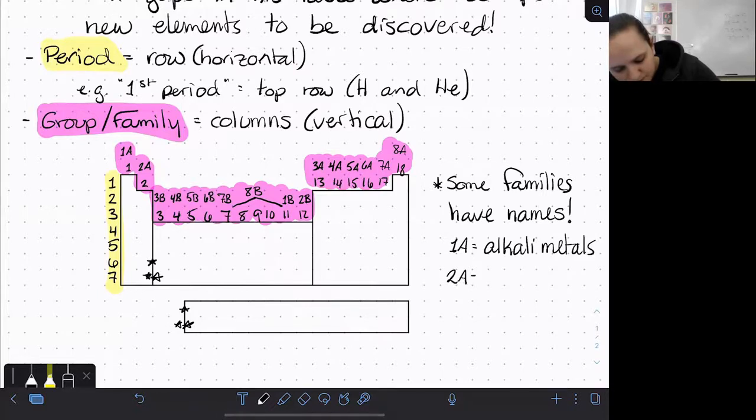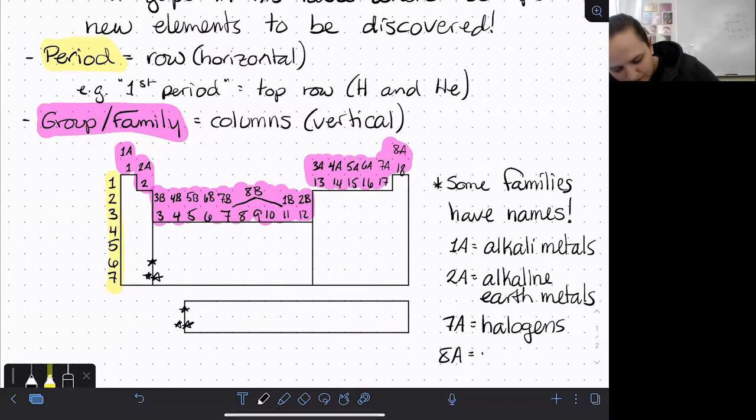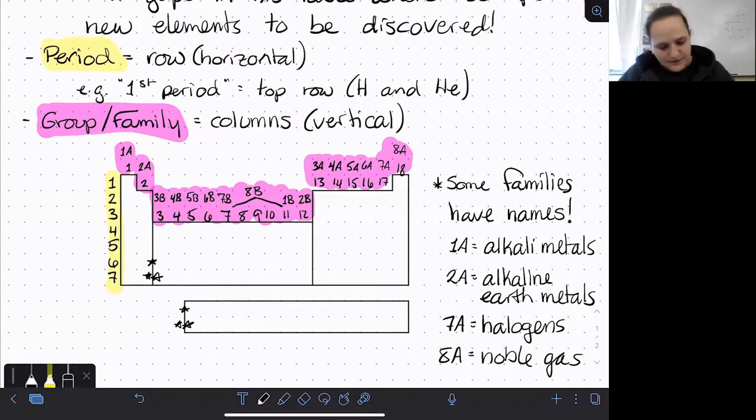Group 2A is known as the alkaline earth metals. Group 7A is the next one to know, known as the halogens. And then 8A we've mentioned before is the noble gases.